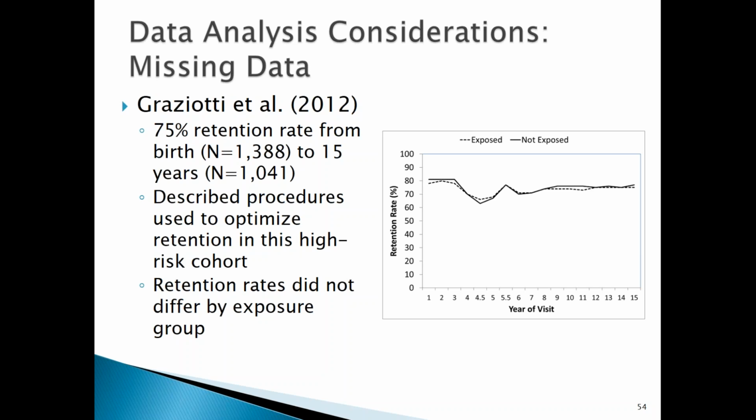We then looked at retention by exposure, and we found no significant difference between those with cocaine exposure versus not. As you can see on that graph, they're very similar over time. So at least when you're analyzing this, you don't have to worry that the exposed group dropped out more than the non-exposed group, at least based on what we did here.